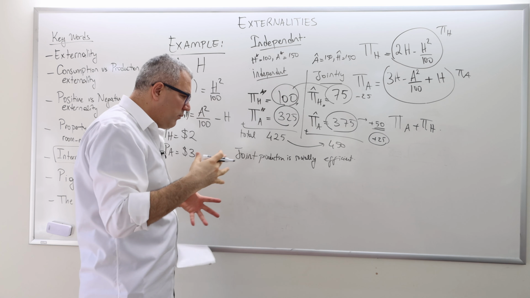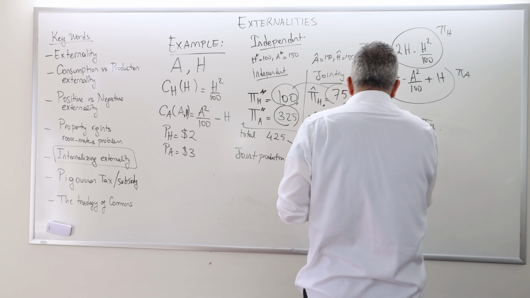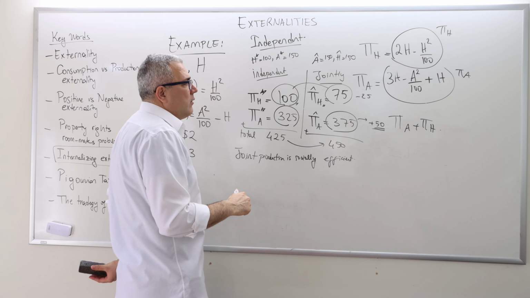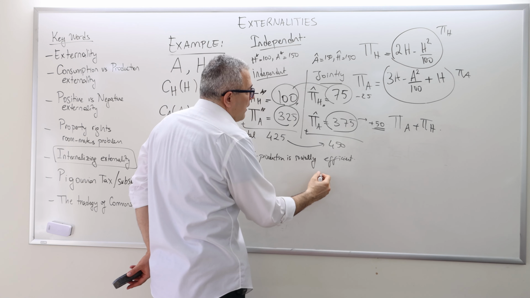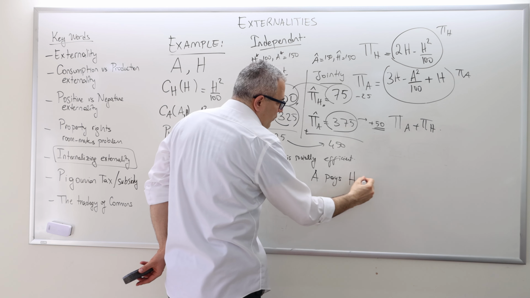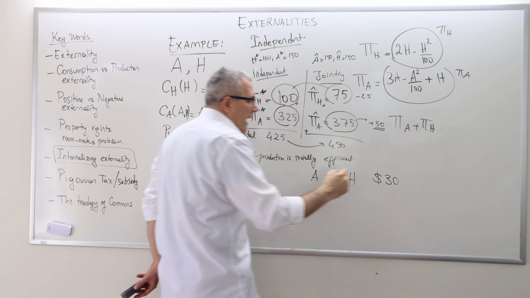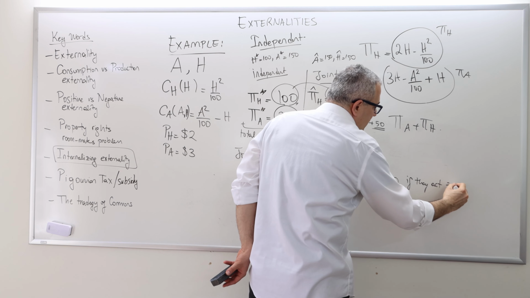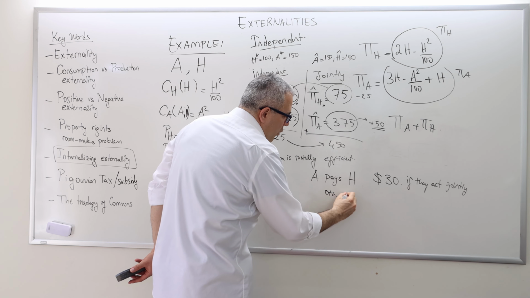So how could they negotiate this out? For example, the honey producer could say, you know what? You, the apple producer, pay the honey producer, say, $30 if they act jointly. Otherwise, no payment.